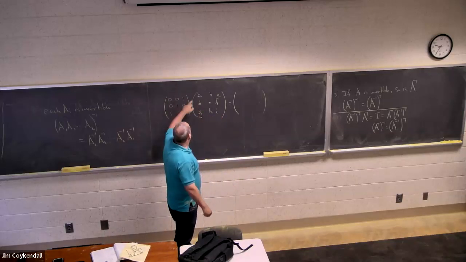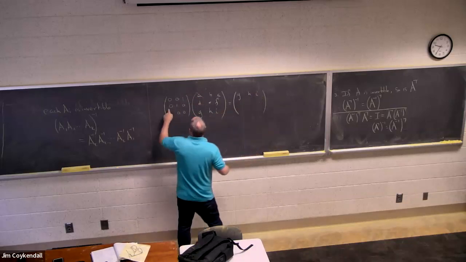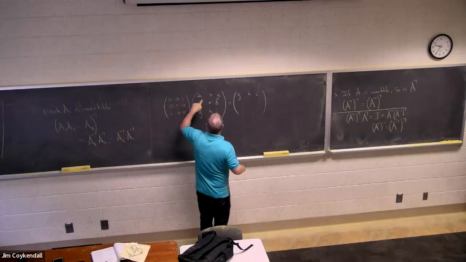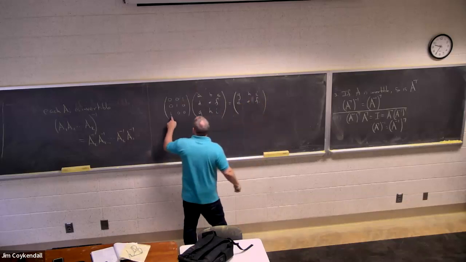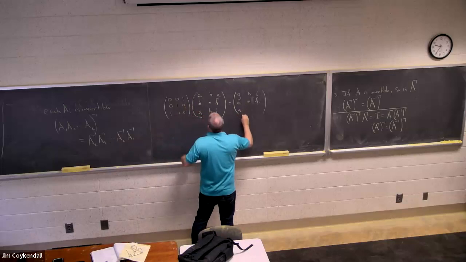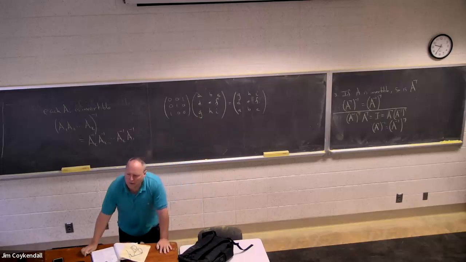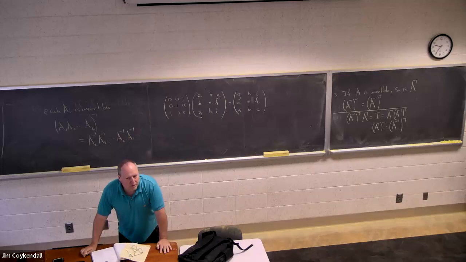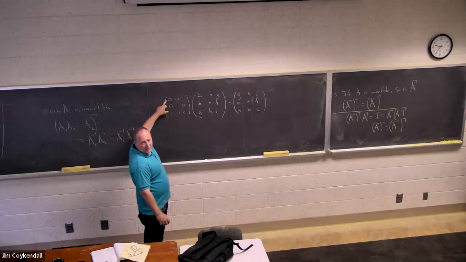This row times this column, this row times this column. So I change out the top. This row times this column. So I get D E F in the middle. And this row times this column gives A, this row times this column gives B. What did that do? It swapped the rows. It swapped rows 1 and 3, didn't it? And notice what happens if I swap rows 1 and 3 here? What special matrix is it when I swap these two rows, 1 and 3, here?